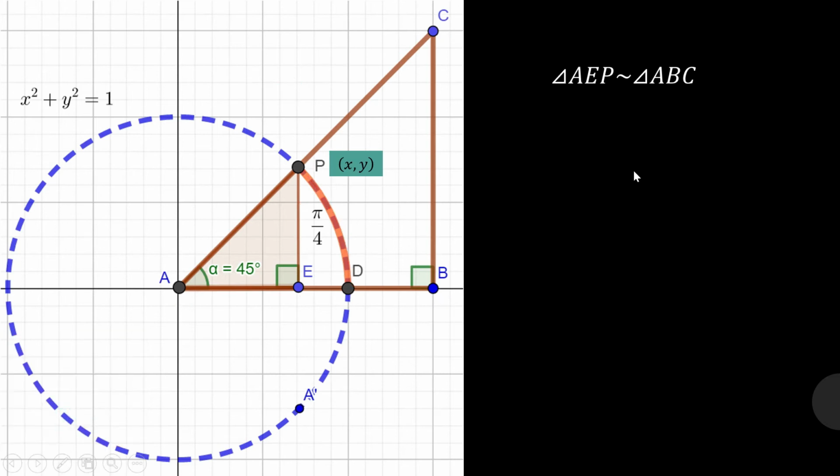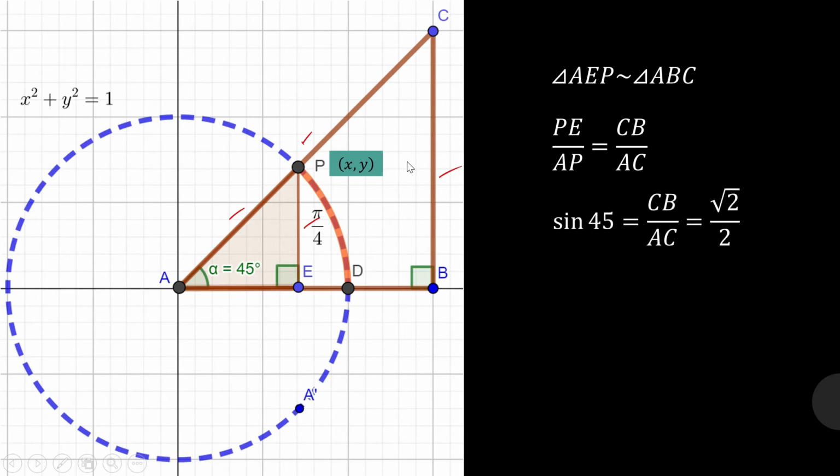These two right triangles are similar. So that means the ratio of side PE to AP is equal to the ratio of side CB to the hypotenuse of our larger right triangle. Now, pay attention to the big right triangle and pay attention to the angle 45 degrees.